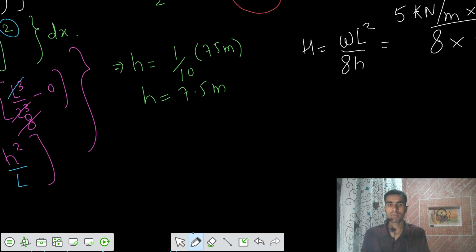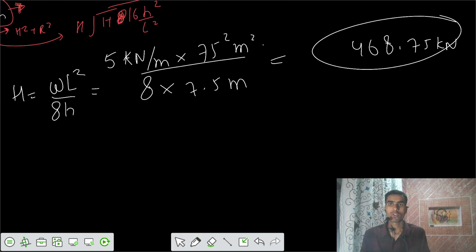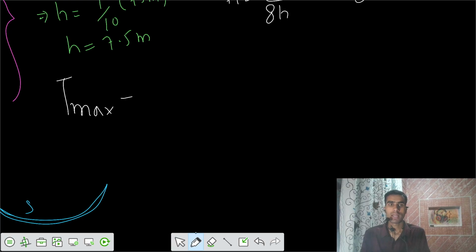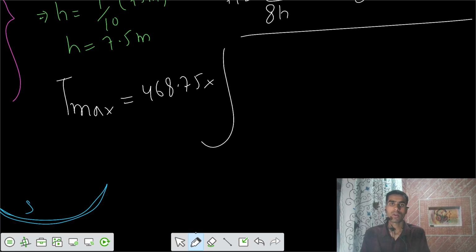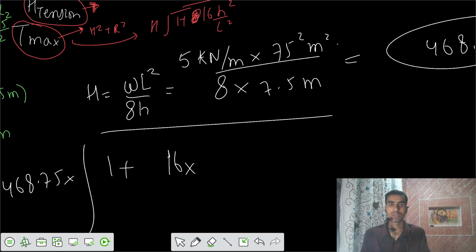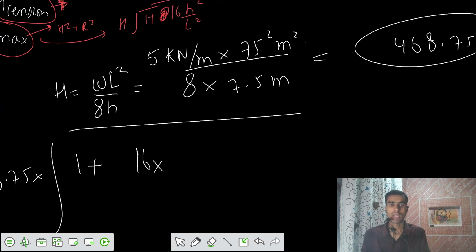Now let's go for the T maximum. We write that is equal to 468.75 into the root of 1 plus 16 times H square by L square, that's 1/10 whole square.